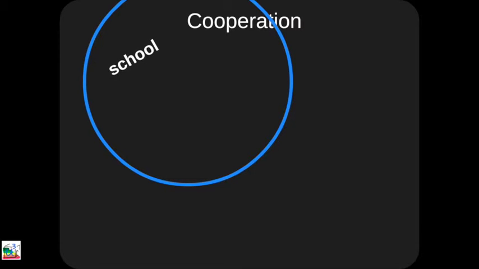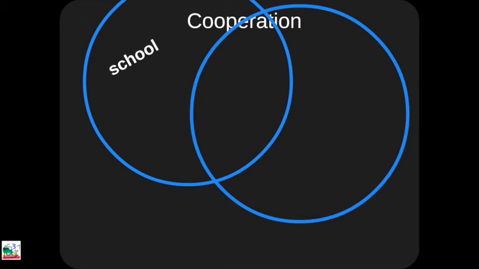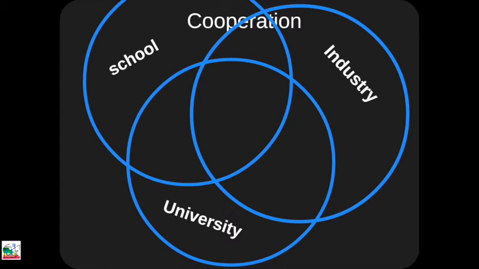That means it has a quite interesting cooperation: schools, industry and universities are actually doing something together, run and operated by the school, with the help of the industry and the university, and we'll deal with certain aspects of physics and engineering and even architecture.